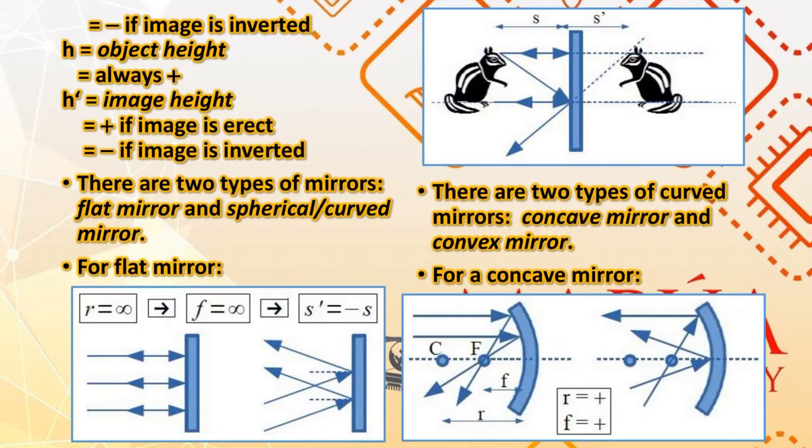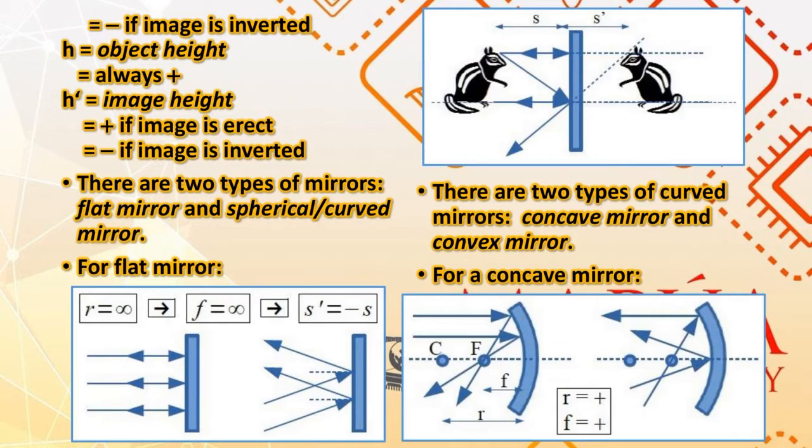Now, in terms of the spherical or curved mirror, the reflecting surface is curved, and there are two types of curved mirrors. You have the concave mirror and the convex mirror. So first, let's look at the concave mirror.